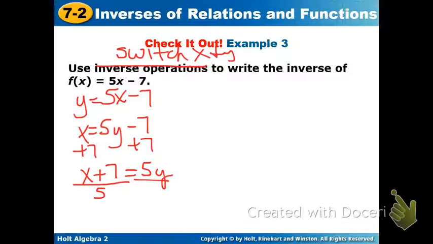And so then over here, those 5s go away. And so for our inverse, we have x plus 7 over 5. So let's rewrite that. Use your notation. So our inverse is x plus 7 divided by 5.